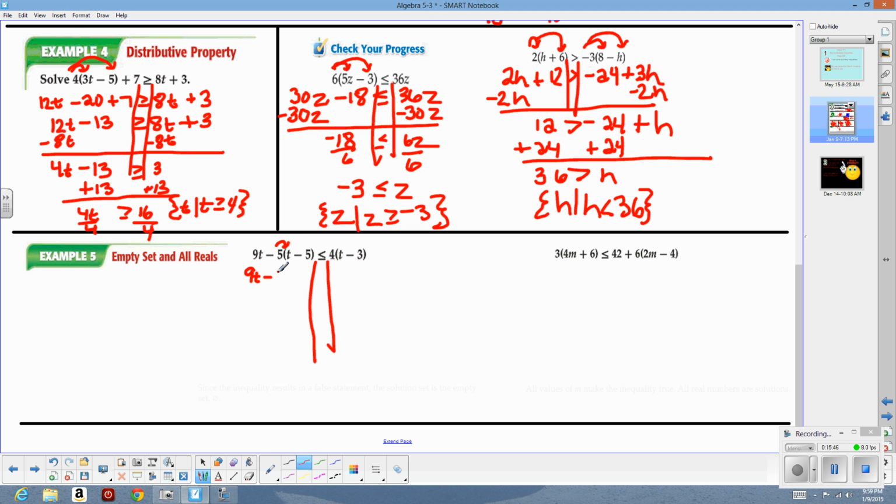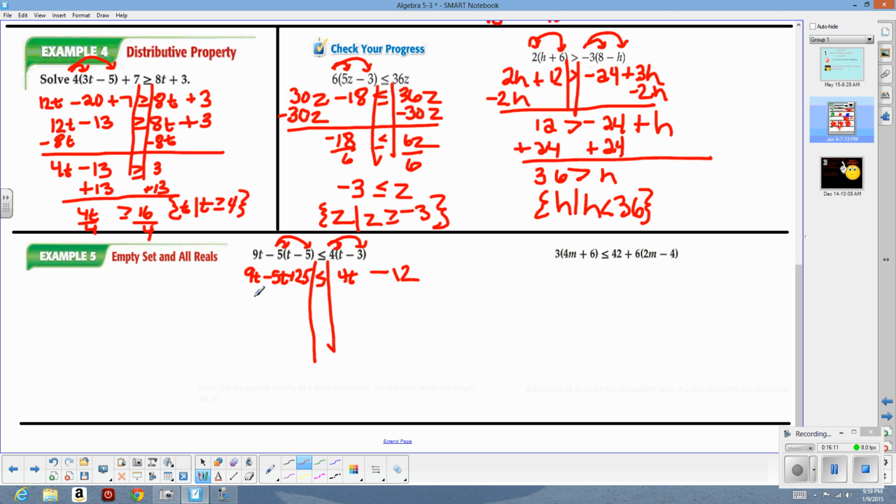So negative 5t. And then negative 5 times negative 5 is plus 25. And on the other side, 4 times t is 4t. 4 times negative 3 is negative 12.